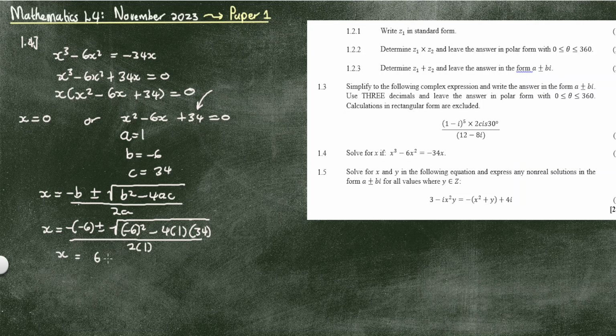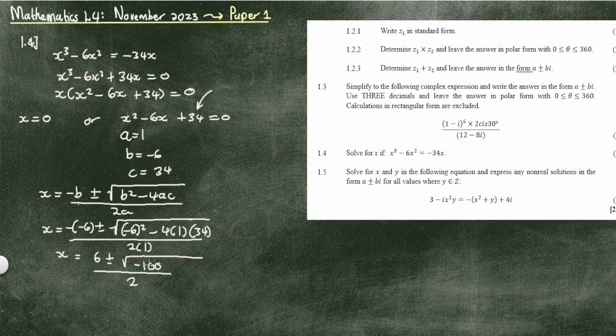When simplifying the expression under the square root, minus 6 squared minus 4 times 1 times 34, I'm getting minus 100, over 2. 2 times 1, that's 2.